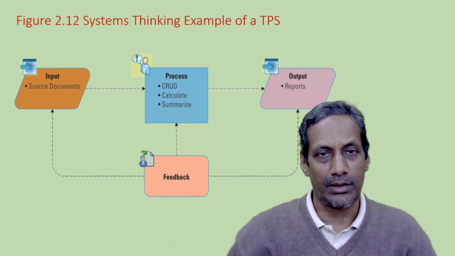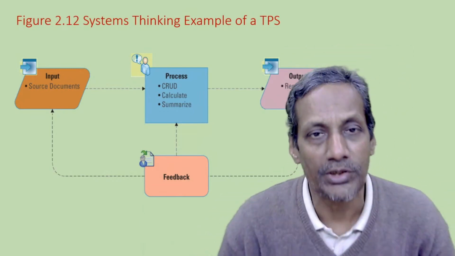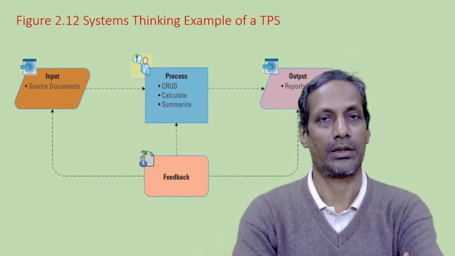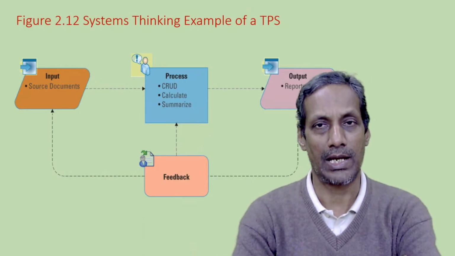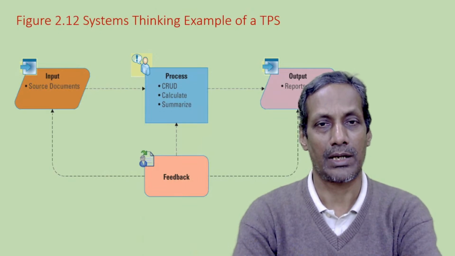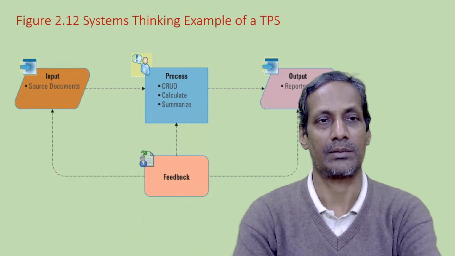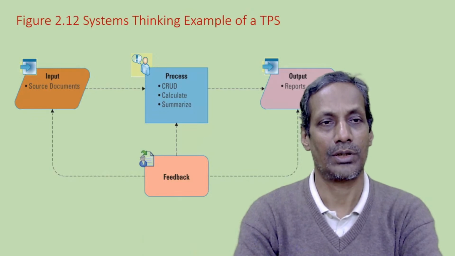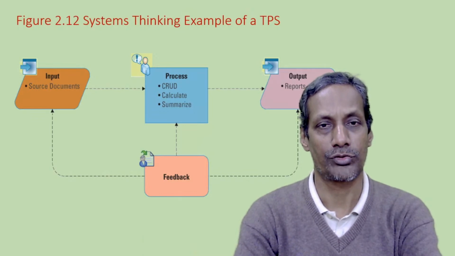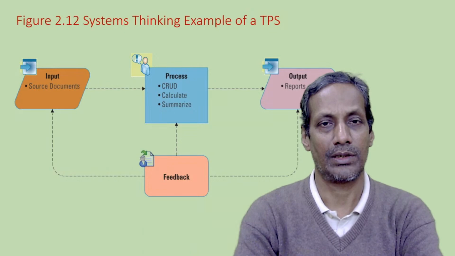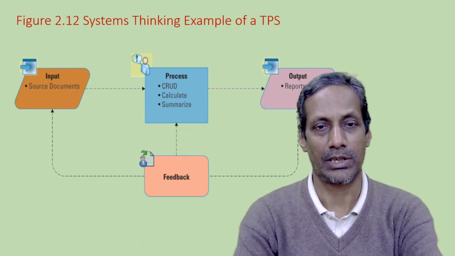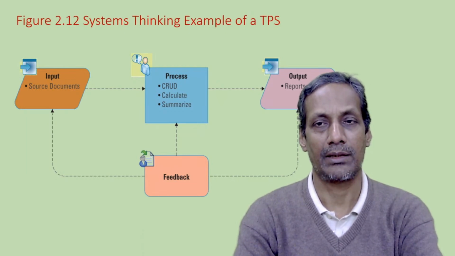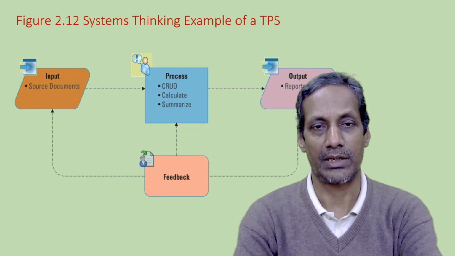This particular slide shows how systems thinking is utilized for the running of a transaction processing system. You can see that inputs come from source documents, which are inputted into the process function, where they are classified, calculated, sorted, and summarized, and then various kinds of reports can be generated.